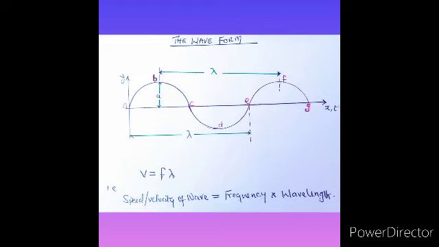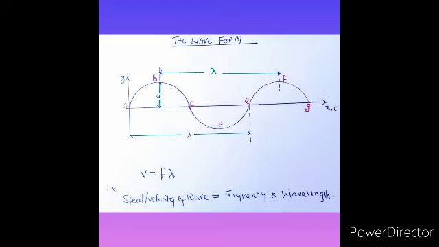And talking about wavelength, what is a wavelength? A wavelength is the distance of one complete oscillation, or the distance covered by a complete circle in a wave.